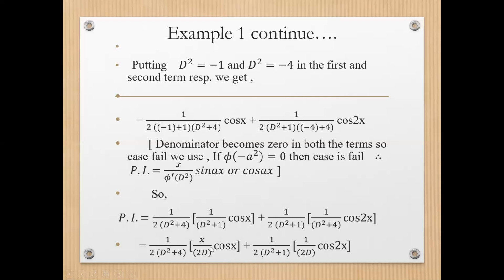This quantity is as it is, 1 upon 2 times (D square plus 1). On the second term, 1 upon 2 times (D square plus 1) is as it is, into the bracket cos 2x. If we put D square equal to minus 4, it becomes 0. So use this result again: x upon the derivative of this quantity, which is 2D, into cos 2x.